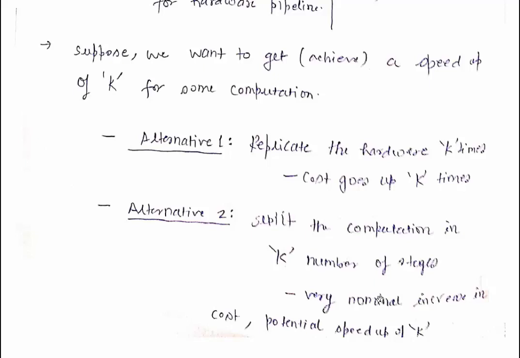I would not say exactly equal to k, but yes, it is of the order of k with very nominal increase in cost. So where does cost come into the picture in this alternative? Because you are splitting the overall computation into a number of stages. That's where the cost lies, but for this nominal cost you will be able to get the potential speed up of k.